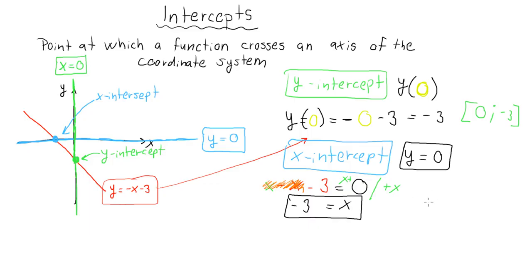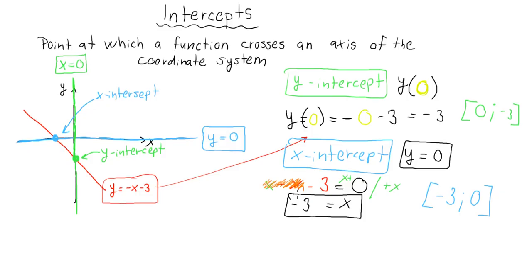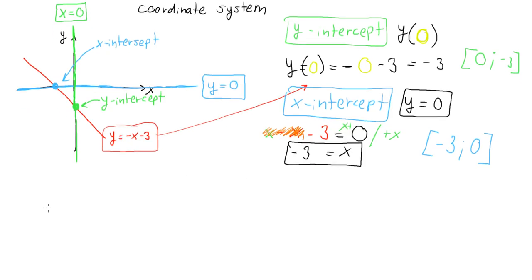The coordinates of the x-intercept is now minus 3, 0. A common misconception is that when we want the x-intercept, x equals 0, and that's not the case. It's always reversed.